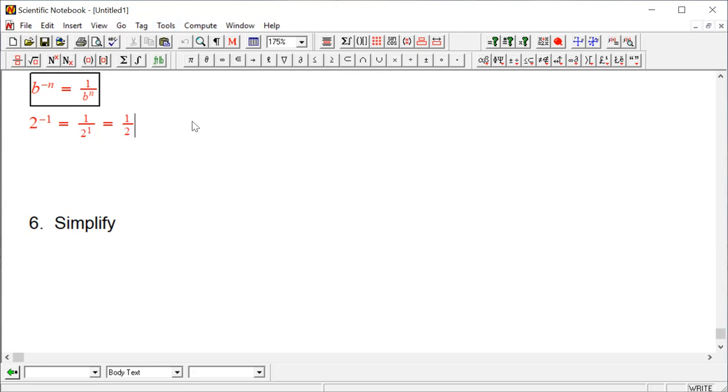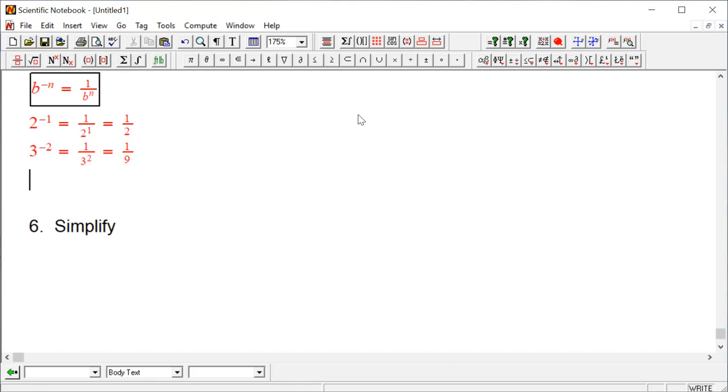Right? Now, what is 3 to the power of negative 2? Well, it is just going to be 1 over 3 squared. There you go. So that's going to be 1 over 9. So you guys can practice on this, okay?